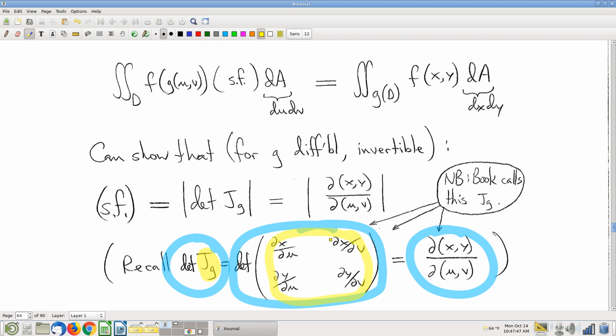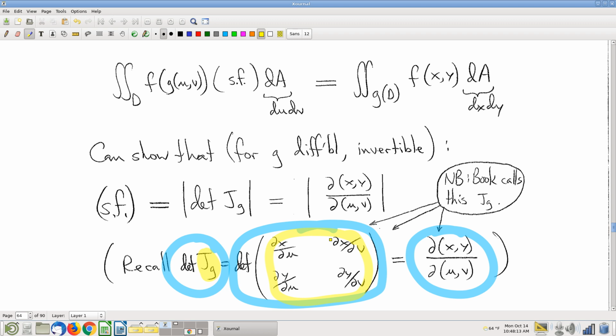Now, we need that matrix. I mean, think back to chapter 13. In chapter 13, it is the matrix itself that you multiply by input vectors to get output vectors. We weren't taking any determinants back in chapter 13, right? So I think this, what I call the Jacobian, should be the matrix. The book refers to the Jacobian as the determinant of the matrix. So, uncomfortable, awkward, my apologies.